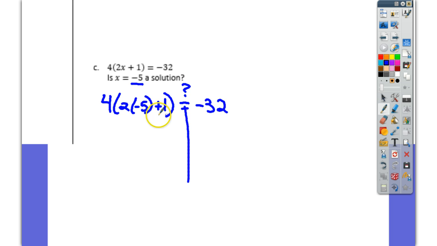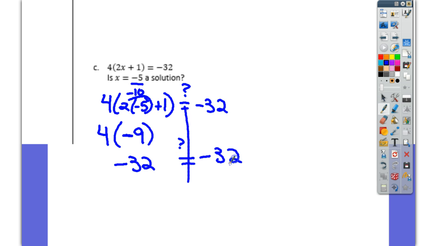Well, again, we can simplify within the parentheses. 2 times a negative 5 is a negative 10. Negative 10 plus 1 ends up being a negative 9. What is 4 times a negative 9? Negative 36. Does that equal a negative 32? That one is yes, they are identical. So this has one solution, and it is a negative 5.